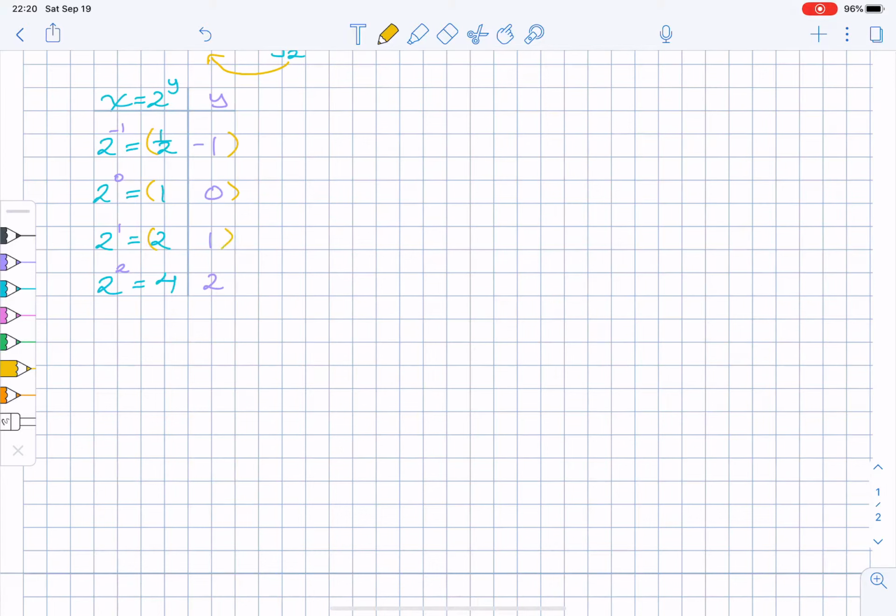So let's go ahead and plot these on x and y coordinate axes. The first point is at 1/2, comma, -1.